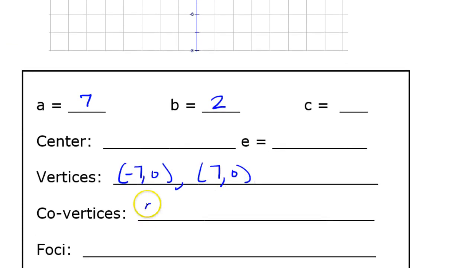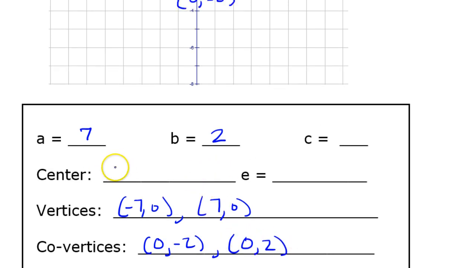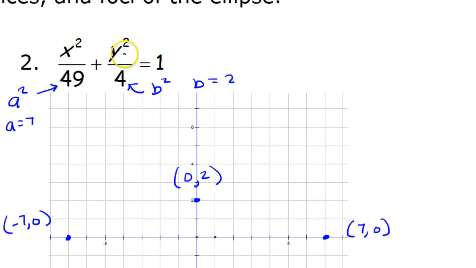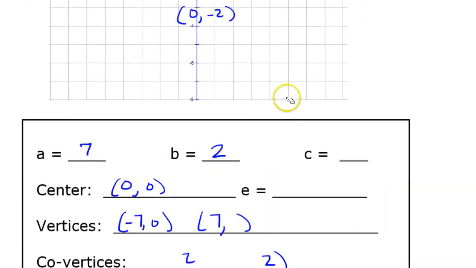So those are my co-vertices. Now of course the center is still 0 comma 0, and I know this because it's simply x squared and y squared, not like x minus 3 squared or something like that.